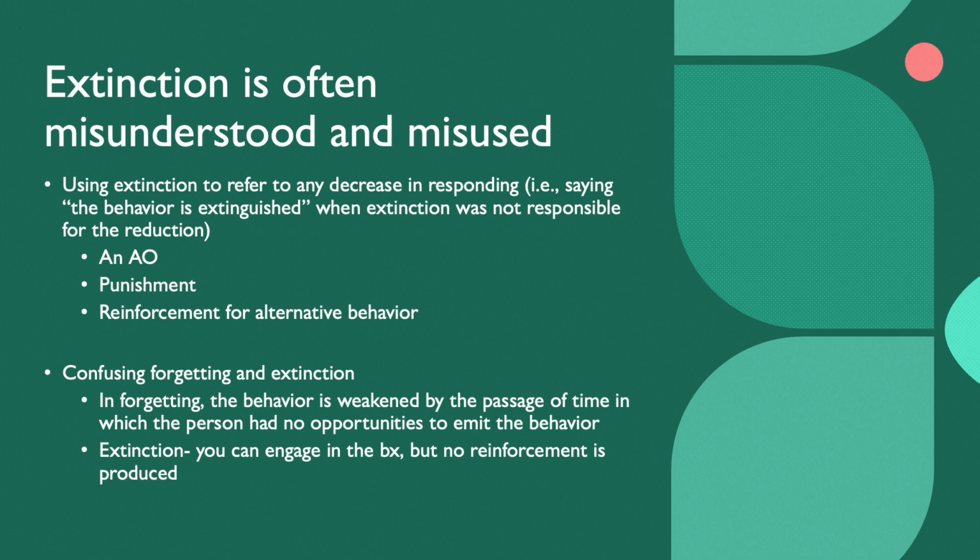If you didn't produce any change on the problem behavior, let's say that one continued to contact reinforcement, but instead you just had a very dense schedule of reinforcement for the alternative appropriate behavior, what will result is you'll see an increase in that alternative behavior and then a decrease in the maladaptive behavior.